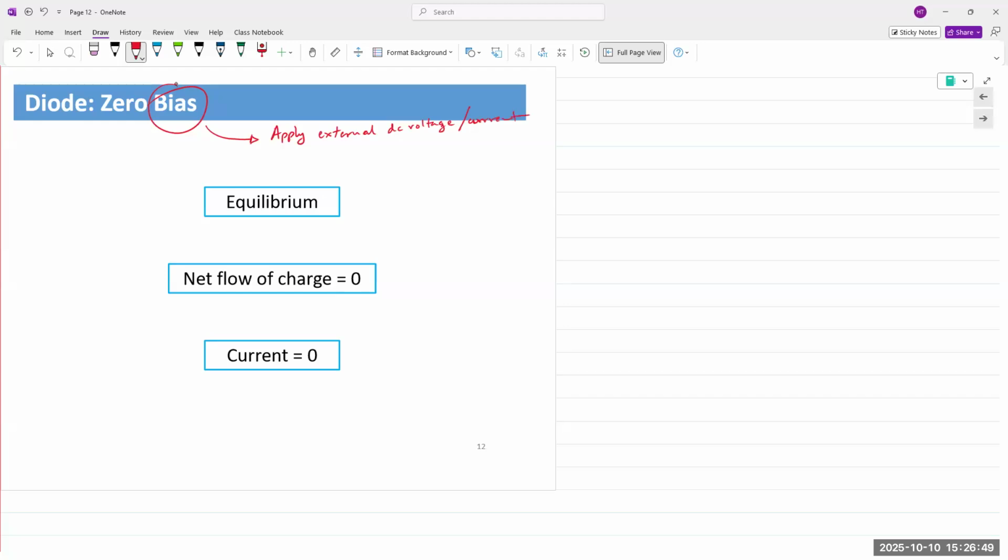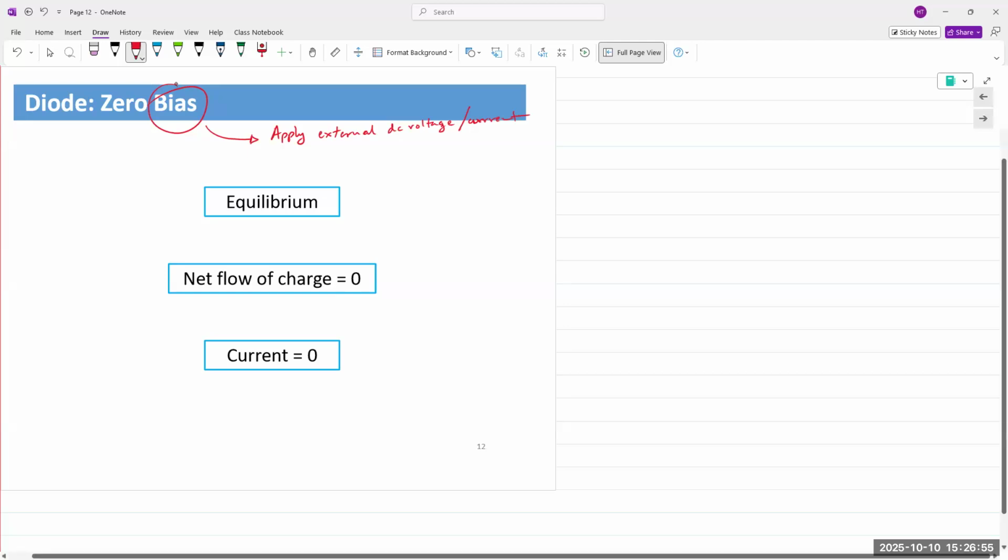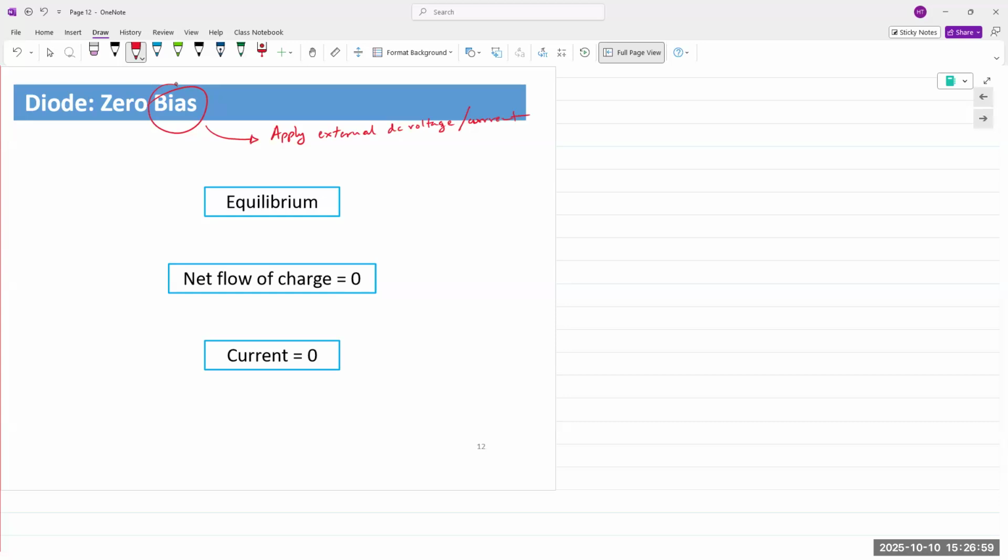We are simply setting up our device to operate within some constraints. That's what we're doing. That's what biasing means. This is the word that you will encounter again and again going forward. And more often than not, it always refers to applying a DC voltage or current. We are forcing our device to operate within a certain range.